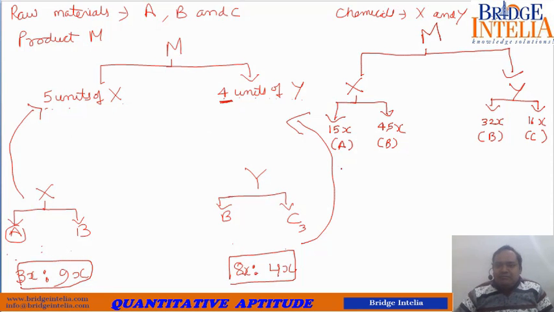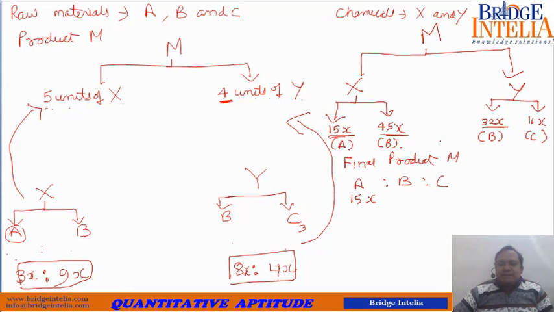So in final product M, if you look at the ratio of A, B and C, how much of A is used? 15x. How much of B? 45x plus 32x, because B is received from both the chemicals X and Y. So 45 plus 32, that is 77x, and C comes out to be 16x.